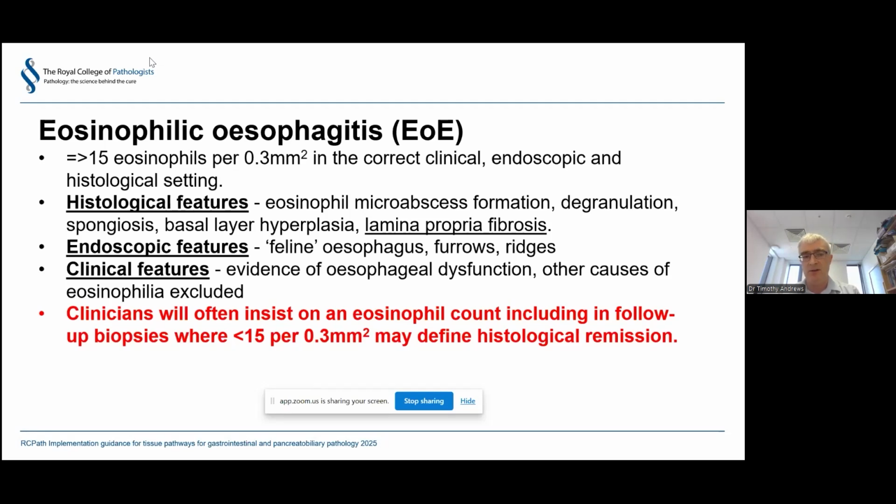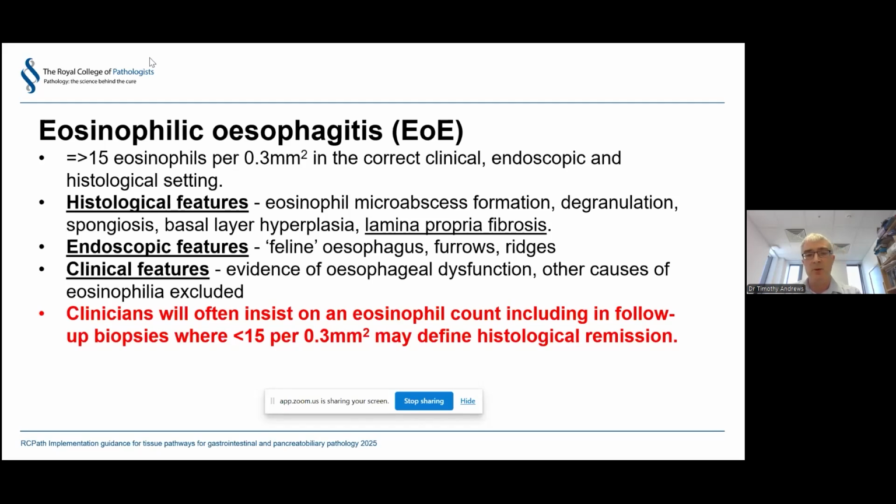Again, often clinicians will ask for an eosinophil count in follow-up biopsies, and we have suggested that this should be provided, obviously with the caveat that eosinophilic esophagitis is potentially a patchy disease, and so a count of less than 15 may define histological remission, but it could also be sampling error if the patient continues to have symptoms.